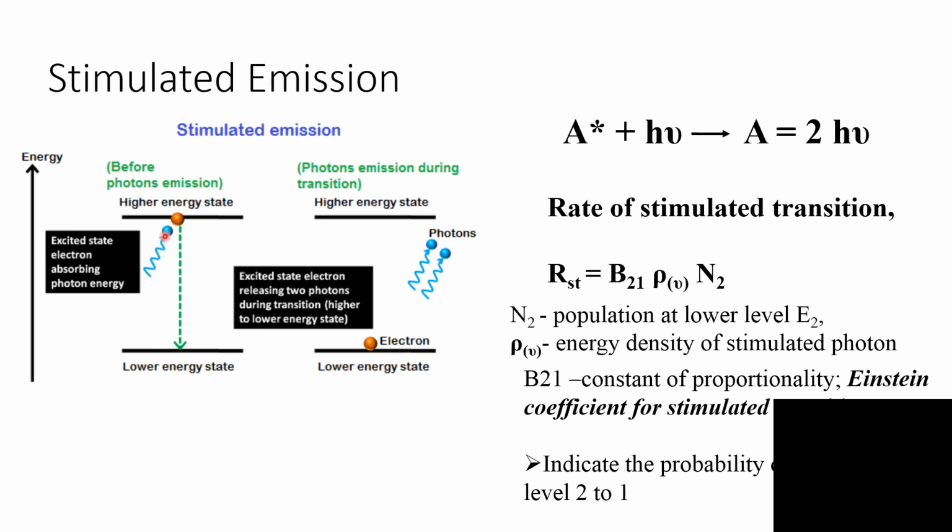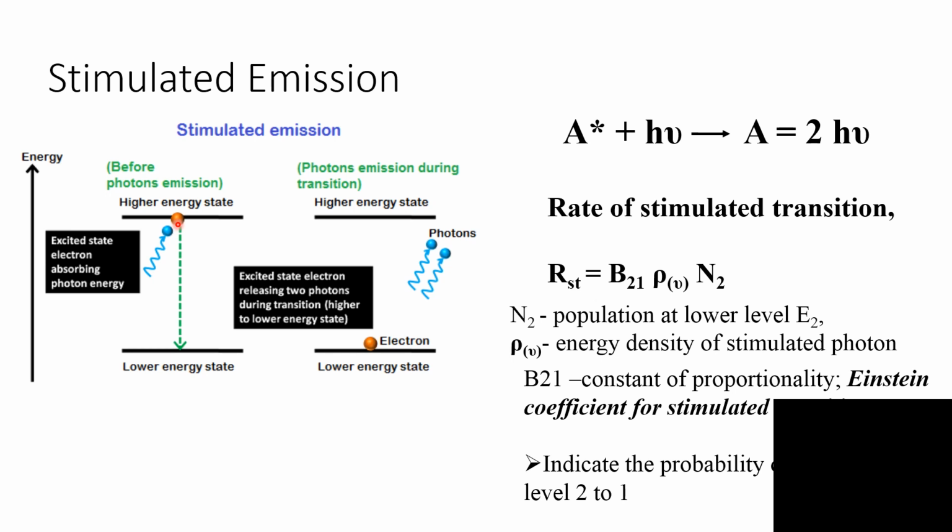When this photon comes, it stimulates the excited electron to come down to the lower energy state. So the incoming photon is stimulating the excited electron to return to its ground state. Therefore, we call it stimulated emission.